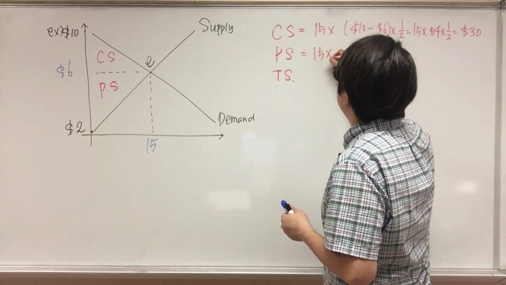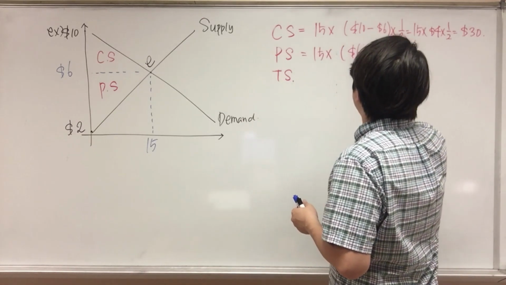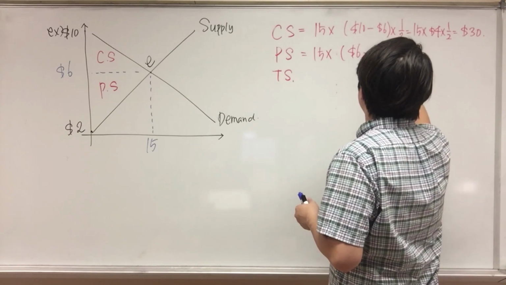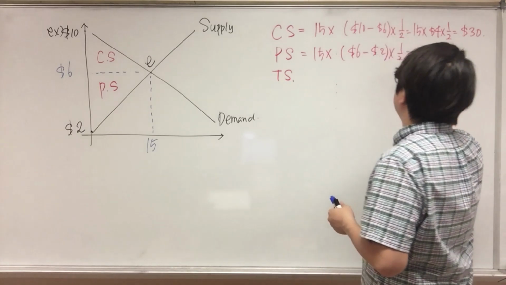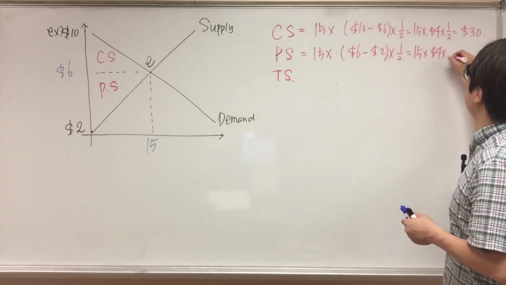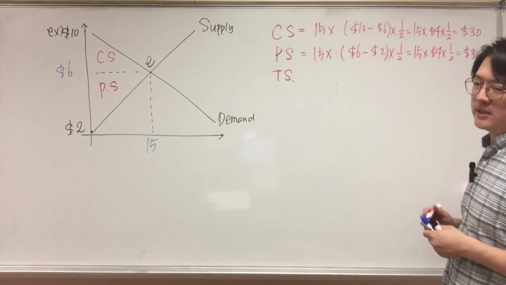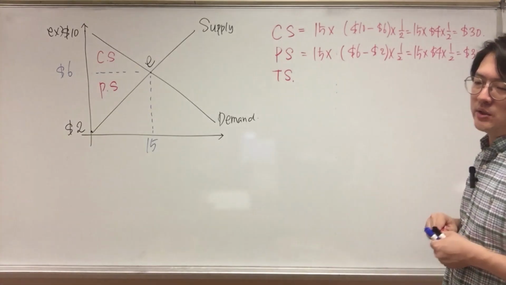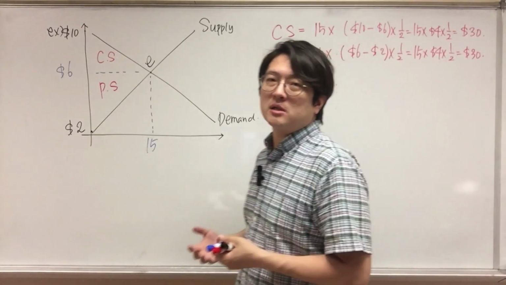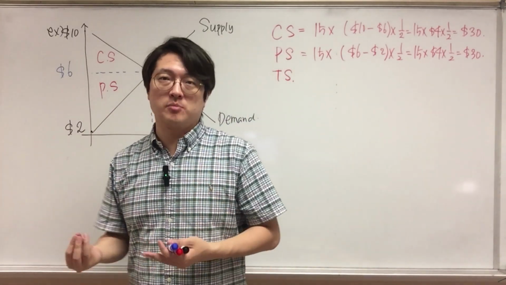How about producer surplus? Base is the same. Height is $6 minus $2 times 1/2. So 50 times 4 times 1/2, same, $30. As you know, economic surplus is the sum of the producer surplus and the consumer surplus.